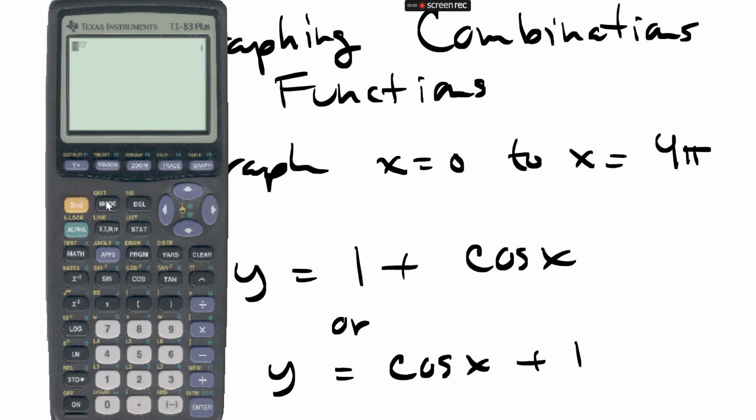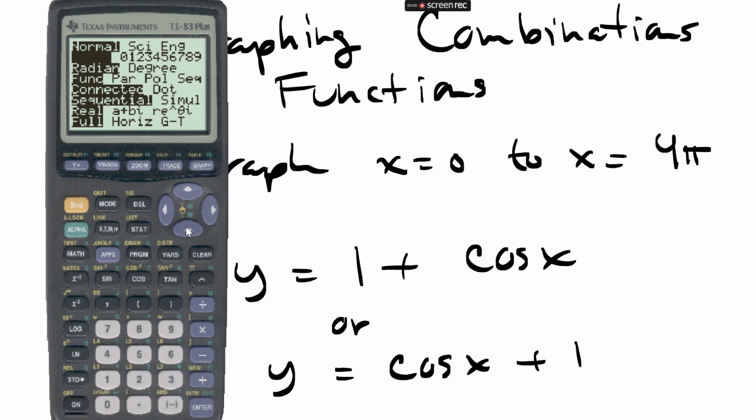We're going to go to mode. Make sure you are in radian mode. If you're in degree mode and that's highlighted, go to radian, click enter. So the radian mode is highlighted. All right, and let's go with it.